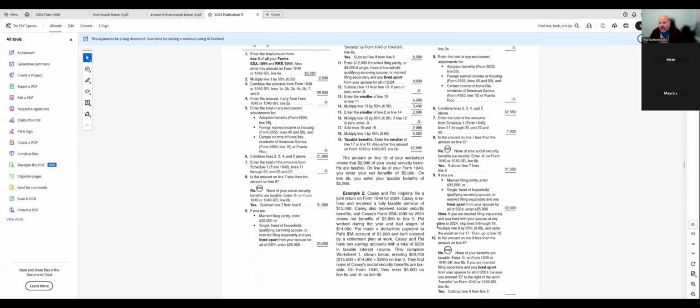So again, 29,750 is the pension, the W-2 income, and the taxable savings interest, bank interest. They find none of Casey's Social Security benefits are taxable for 1040 and enter 5,600 on line 6A and 0 on 6B.